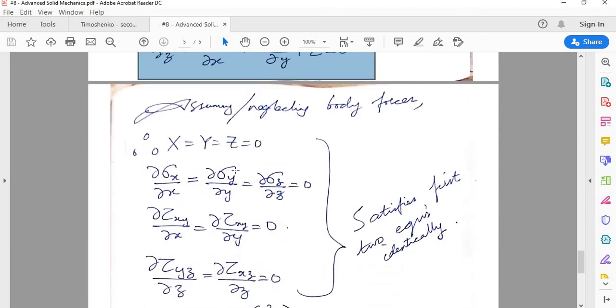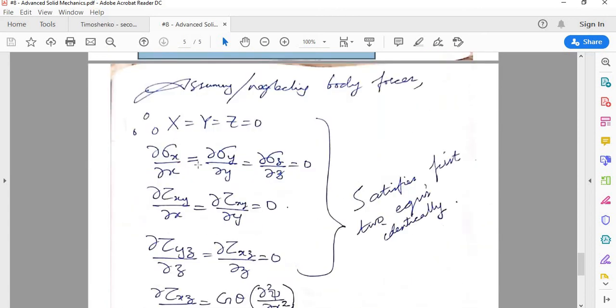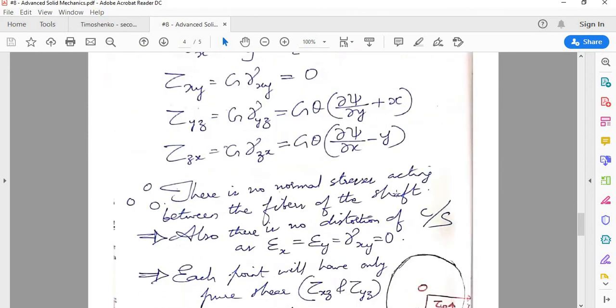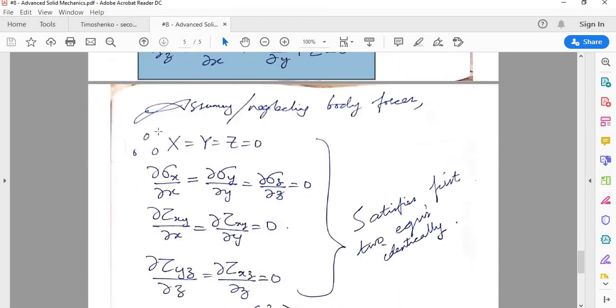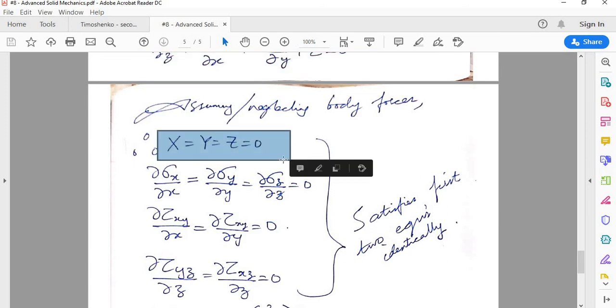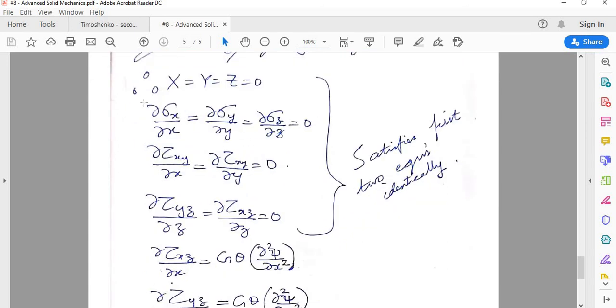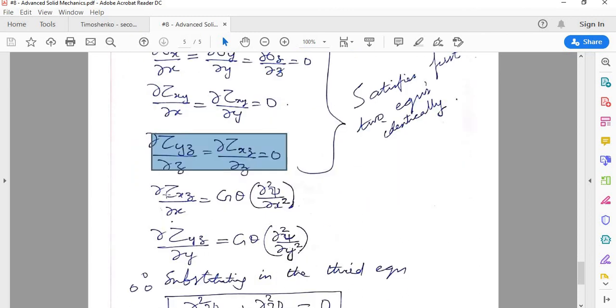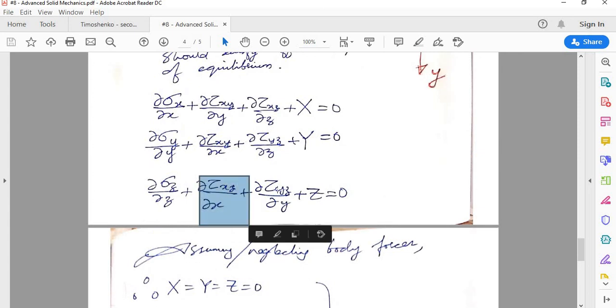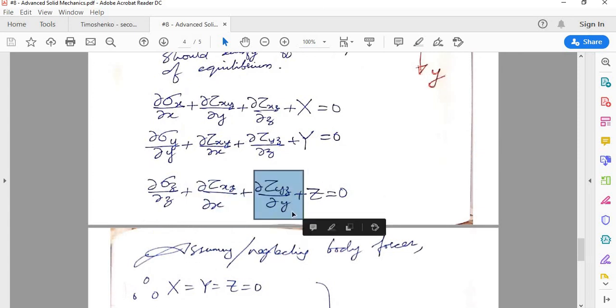When you take the differentials, first of all, let us assume that the body forces are zero. There are no body forces. This will be zero, this will be zero, this will be zero. The only non-zero terms are del tau xz by del x and del tau yz by del y.